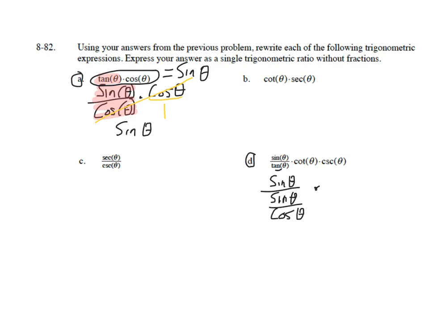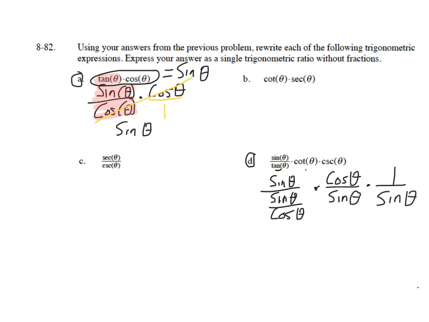I'm going to leave a little space, times cotangent, which is the cosine of theta over the sine of theta. So we write that sine theta times, I'm going to leave a little space, cosecant, which is the same as 1 over the sine of theta.